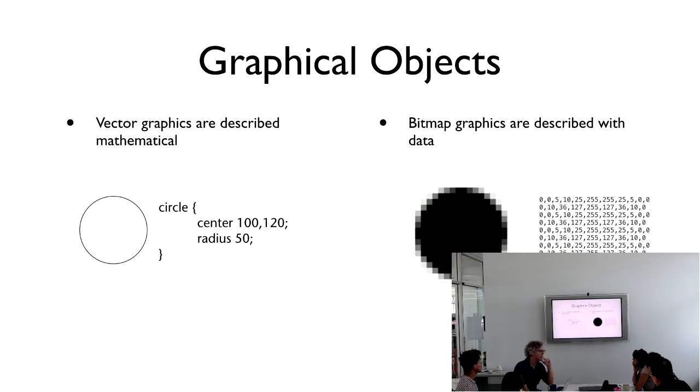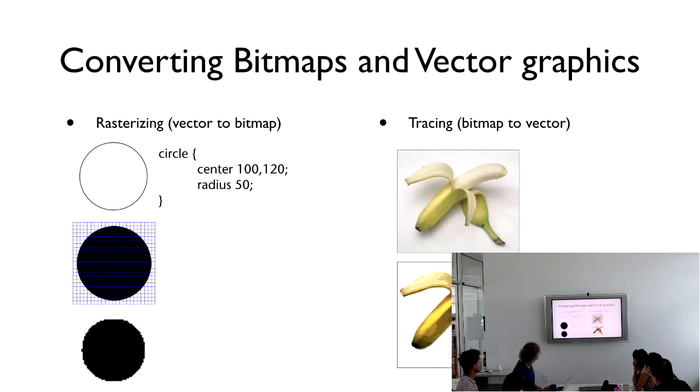And when the grid cell is predominantly black, you make that pixel black, and if it's not, you make it white, right? And the size of this mesh is the resolution.